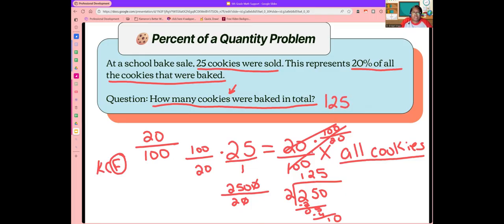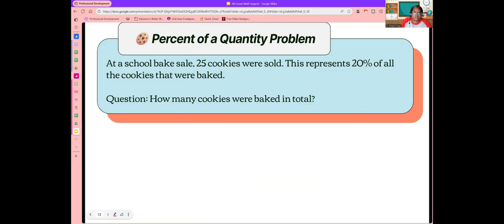125 cookies. Now, keeping all of that in mind, I'm going to erase this real quick because we're going to check this. If 25 cookies is 20%, inside of 100, there are 5 20%. 20, 40, 60, 80, 100.